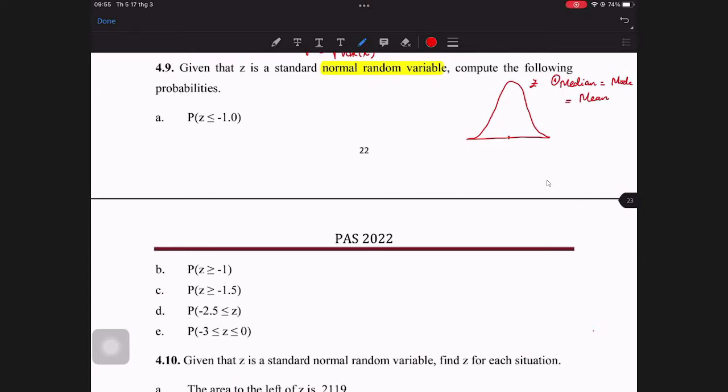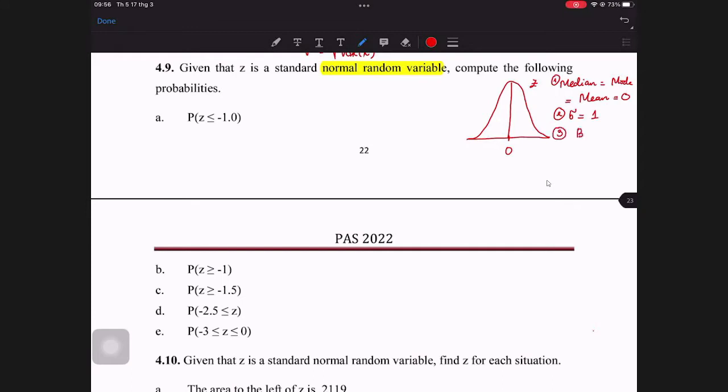If we denote the mean here as the point that goes from the highest point to the center of the graph, then this value here is the mean and is equal to 0. The standard deviation of the standard normal distribution is 1.